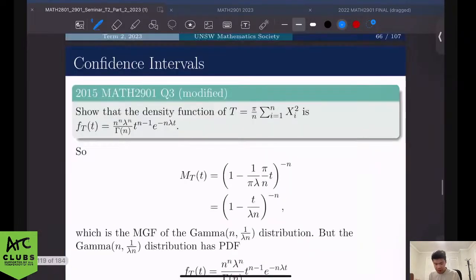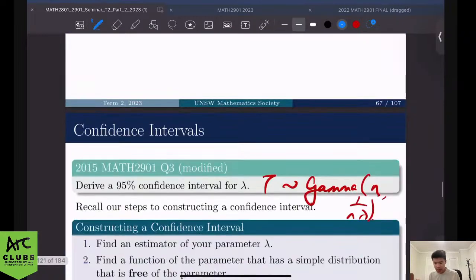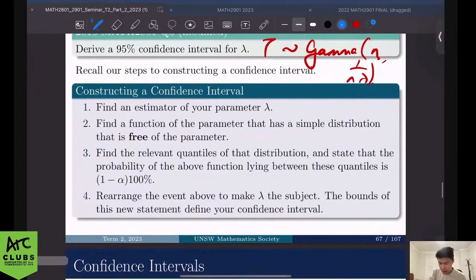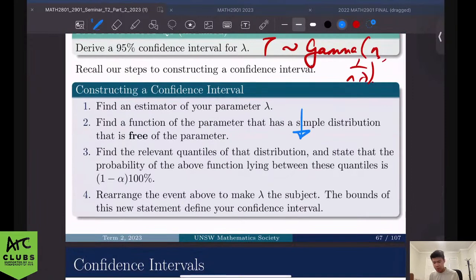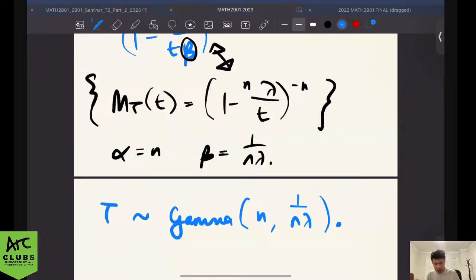So that's a bit of a hint, because now what we want to do is take this, somehow get rid of lambda. Okay, so if you want to get rid of this lambda, you need to multiply the second parameter by lambda, which means you do the opposite on the other side. So you do 1 divided by lambda times T is going to be gamma(n, 1/n). Okay, sweet.